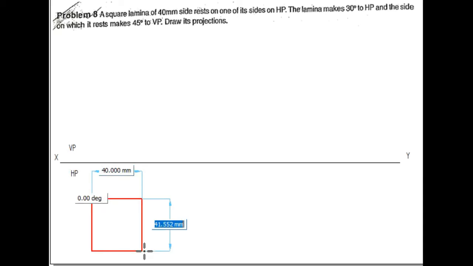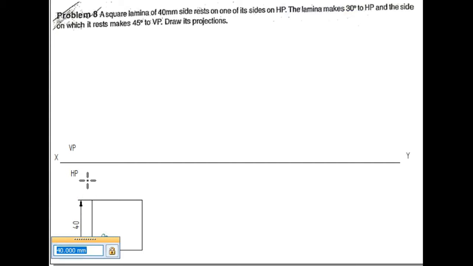a square. So we all know that the adjacent angle is 90 degrees. That is the property of a square, and the length is 40 which is the same in all the sides.